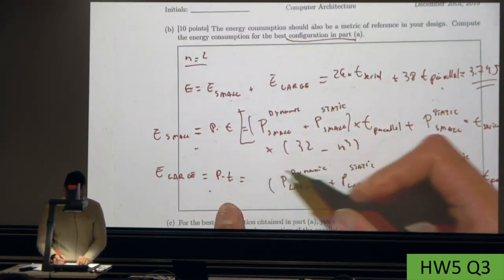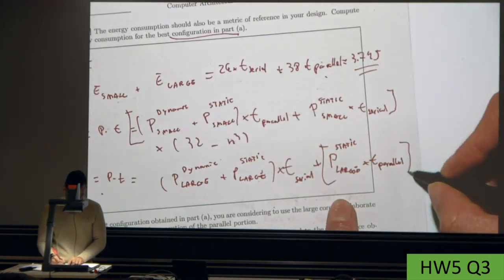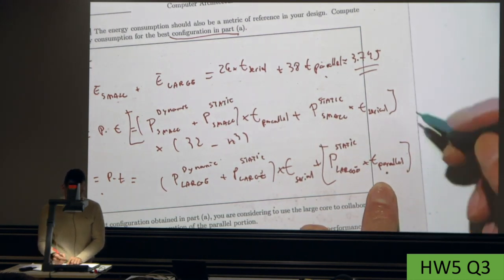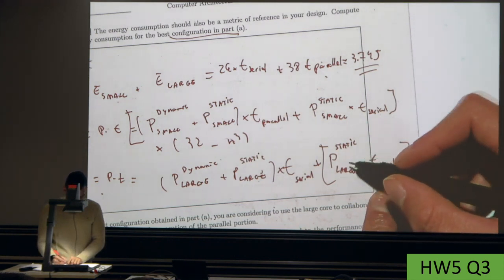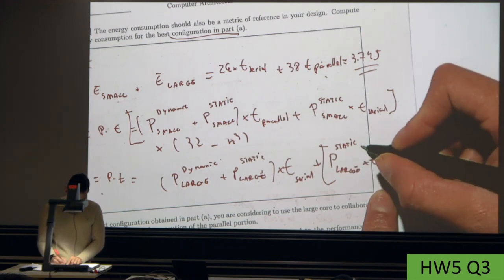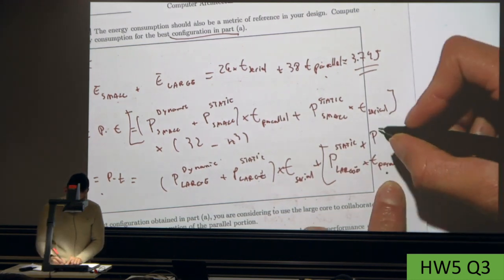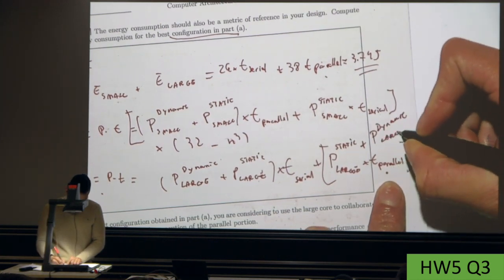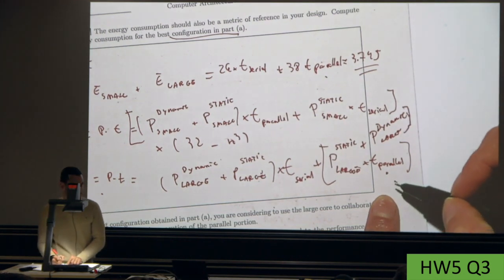For the larger core, when the parallel portion is executing, this core is not sitting idle anymore. So the power consumed is not only the static power, it is also the dynamic power for this core, times the time for the parallel portion.